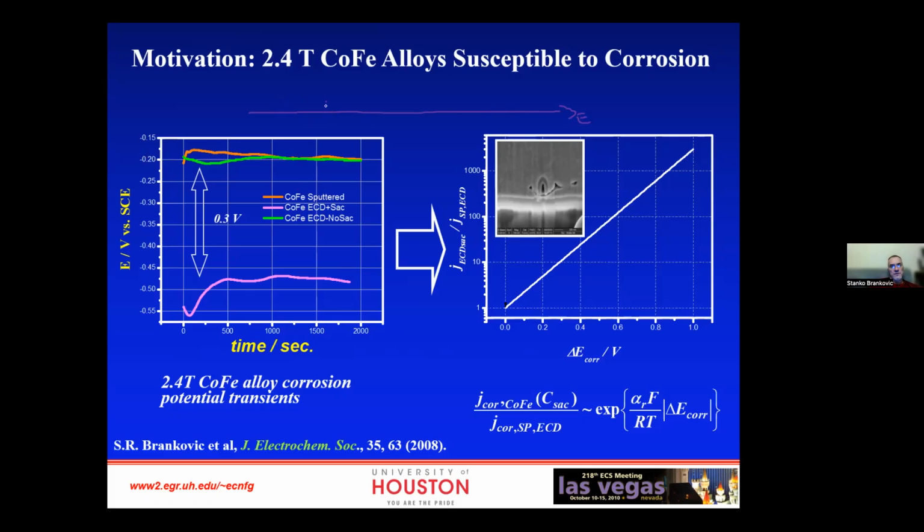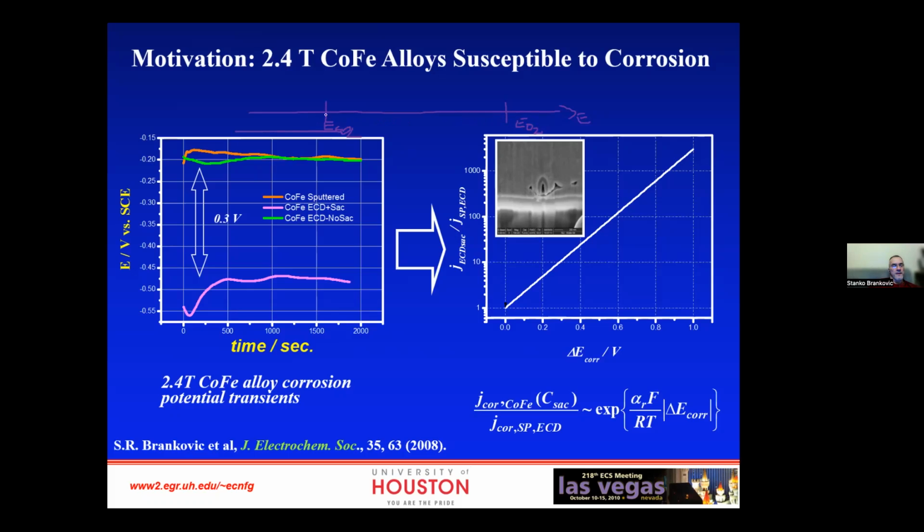This is the reversible, or equilibrium, potential of your metal, and this is the reversible potential for oxygen reduction. In neutral solutions, where we have 10 to the minus 7 concentration of H plus, these alloys corrode by the oxygen reduction reaction.